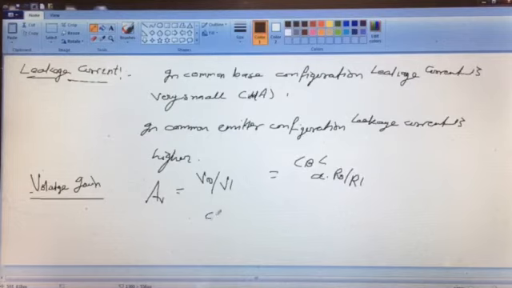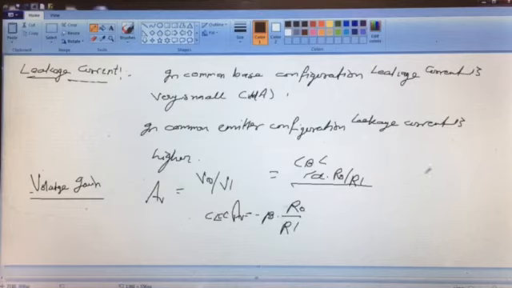While in the case of common emitter configuration, it will be equal to beta into R output upon R input, but it will be negative. We will discuss why it will be negative. The magnitude of voltage gain in common base configuration is alpha R output upon R input, while in common emitter configuration it is equal to minus beta into R output upon R input.